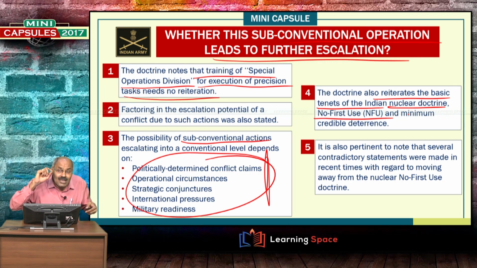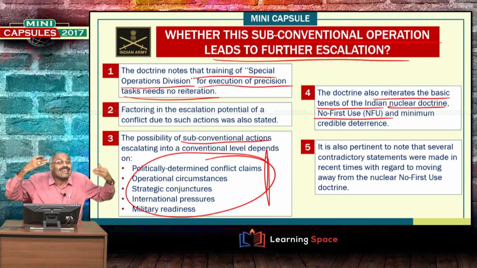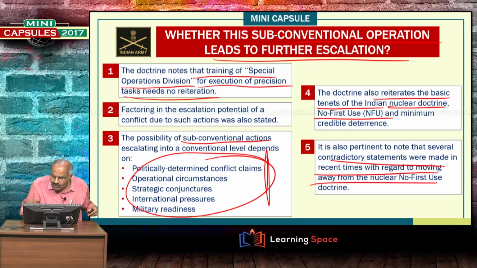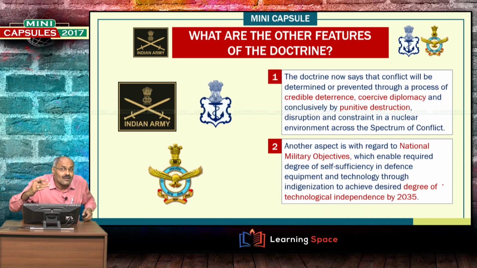That means the nuclear arsenal will be used only as credible deterrence. We don't use it on any country unless that country provokes us, right? This assumed significance because of several contradictory statements given in recent times, moving away from the nuclear no first use doctrine, right?